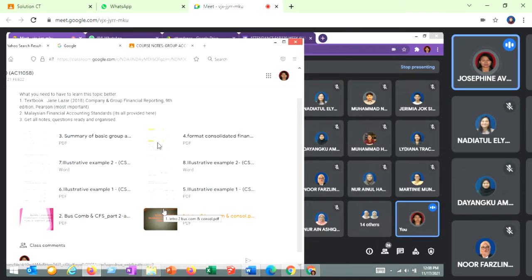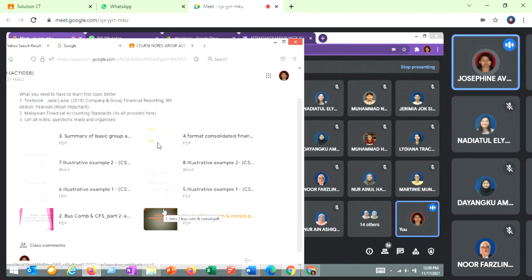So of course, when the parent rents out a building to a subsidiary for the purpose of rental income or capital appreciation, say for rental income, then in the parent's own books, it will record the building as its investment property, right? Because you are renting it for the purpose of earning rental income.